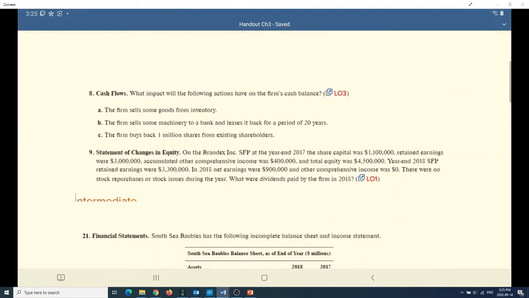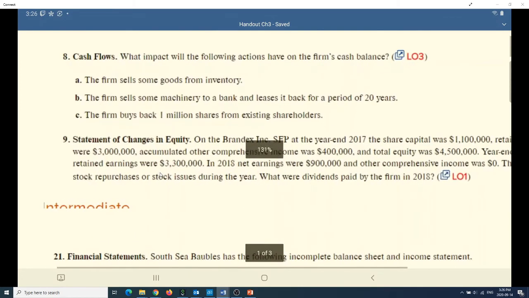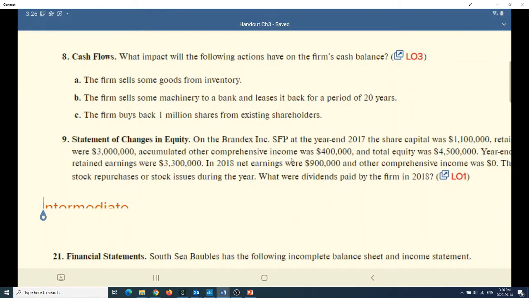Now let's go to question number 9. So I assume you all have the statement in your OWL, so I'm not going to spend too much time. I assume that you could always have them open on your computer. The share capital was $1.1 million and retained earnings were $3 million. And the other comprehensive income is $400,000 and total equity is $4.5 million.